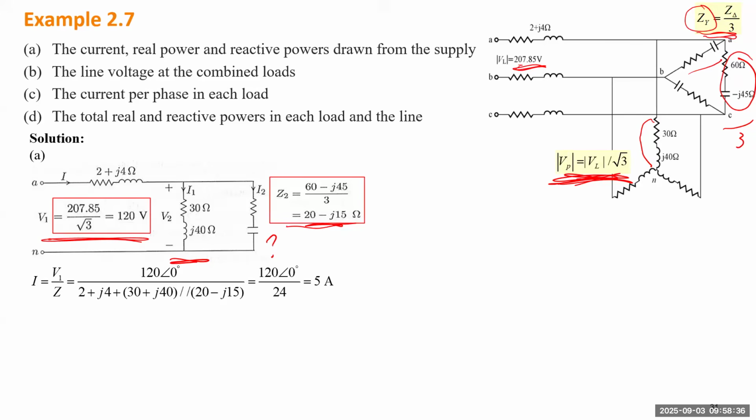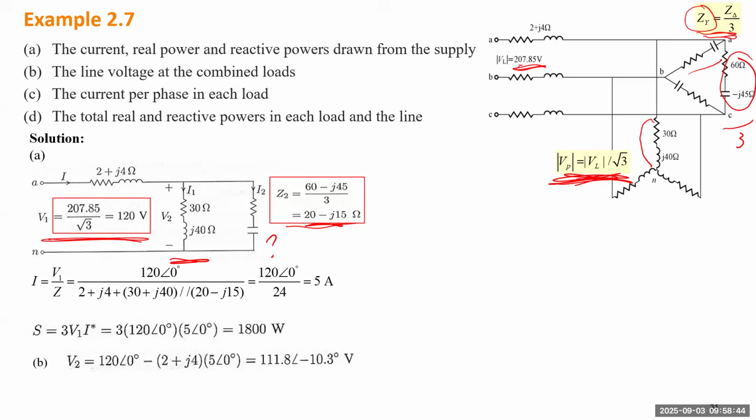So current will be voltage divided by the total impedance, which will be 5 amperes. And for complex power, this one doesn't have reactive power, which means the two loads, one has inductance and the other has capacitance, and they just cancel each other for the reactive power.